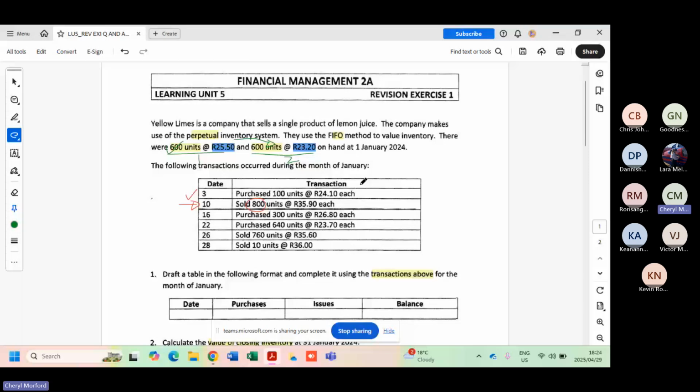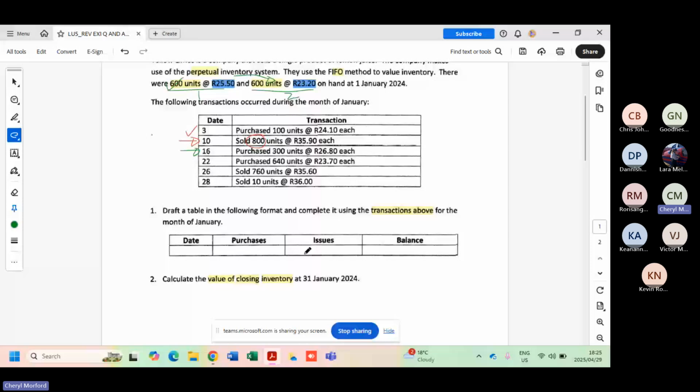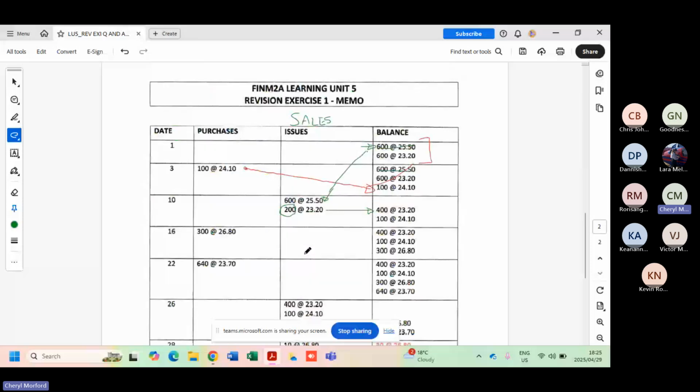Okay, then let's look at, and importantly here with the sales, remember we had the 800 units, but we valued them at cost price because we are recording the inventory. Then the next one, on the 16th, we bought some more. So it's a further 300 units at a different price. So what we're going to do on the 16th, which is this one over here, we're going to record in the purchases column because that's the correct one.